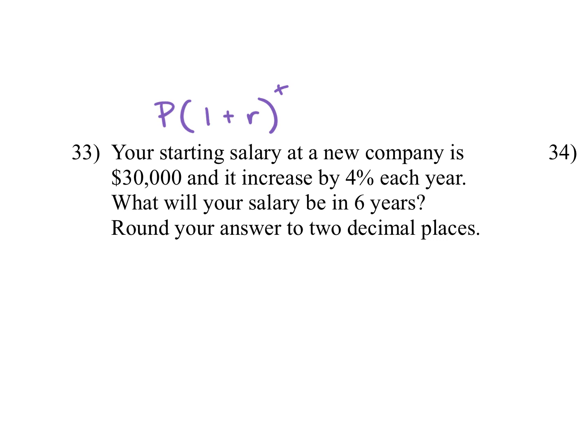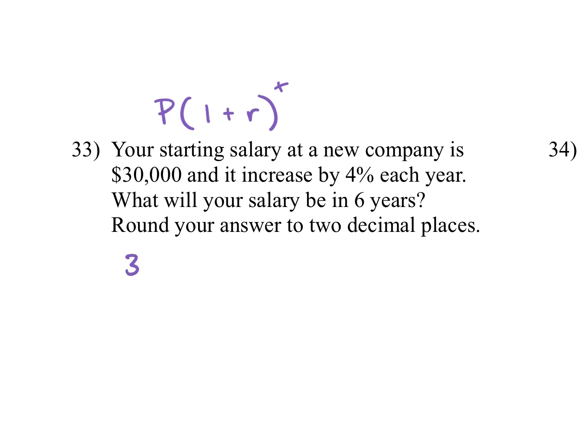So we plug in what we have. P is the principal, so that's the starting amount. So 30,000 times 1 plus the rate. What's our rate here? 4%, but remember it has to be the decimal. So what's the decimal version? Awesome, 0.04. And then to the power of 6.